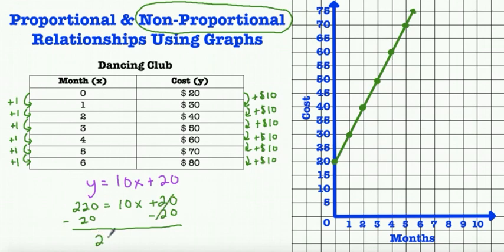And we end up with 200 is equal to 10x. We have to divide both sides by 10, and x is equal to 20. So for $220, we could join this dancing club for 20 months.